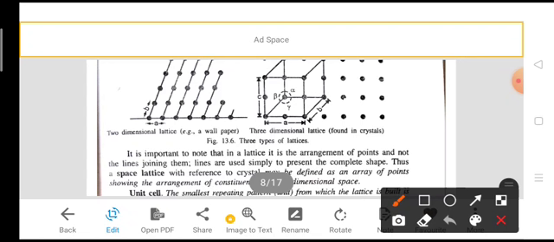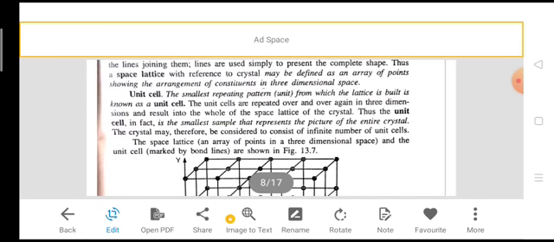So here one interfacial angle is required. For a three-dimensional lattice, we need three repeat distances a, b, c, and we also need three interfacial angles for defining the space lattice.